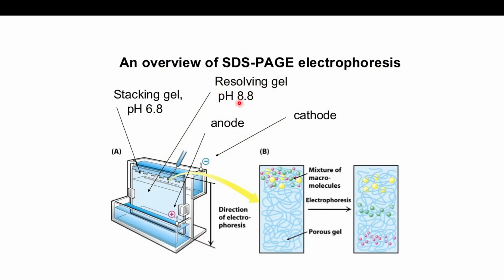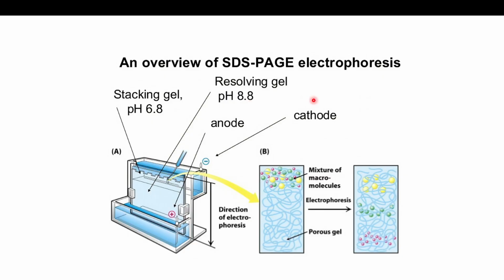The main thing that needs to be taken care of is the pH, which plays a huge role in separating the proteins on the gel, the acrylamide-bisacrylamide matrix. The pH 6.8 stacking gel helps in stacking all the protein molecules at one point, and the pH 8.8 resolving gel finally helps in separating the different sizes of molecules.